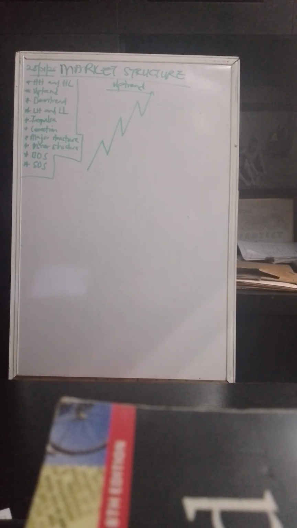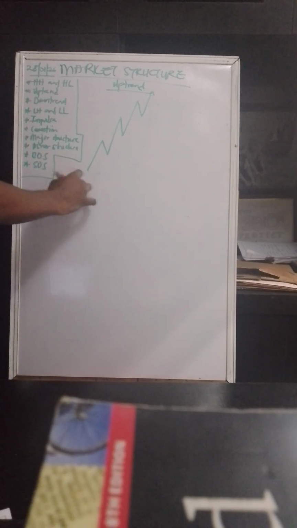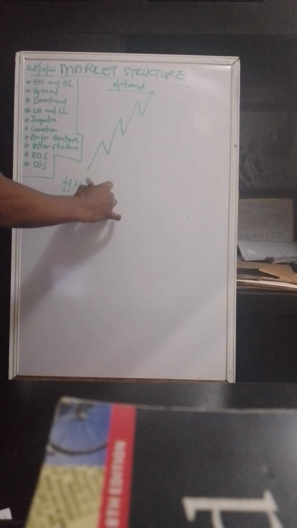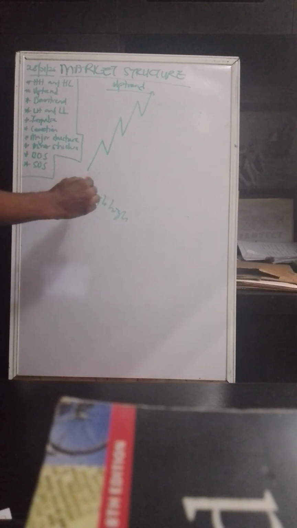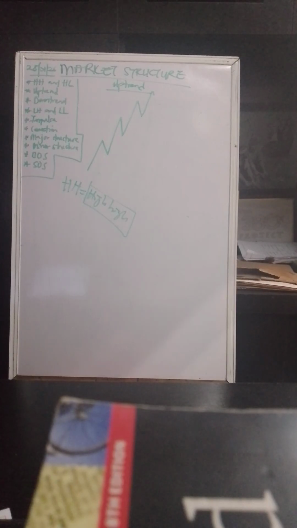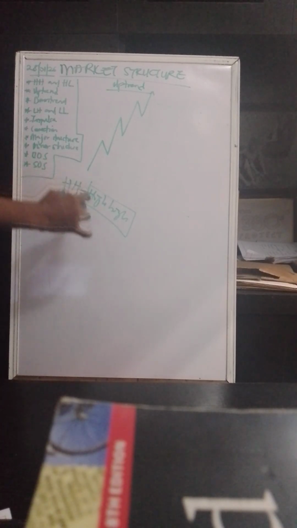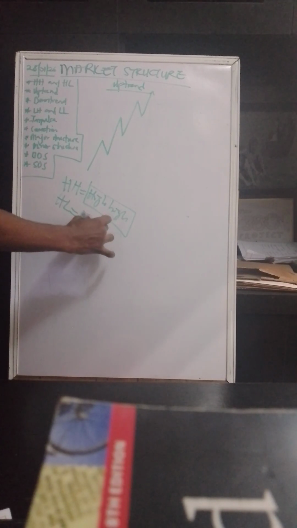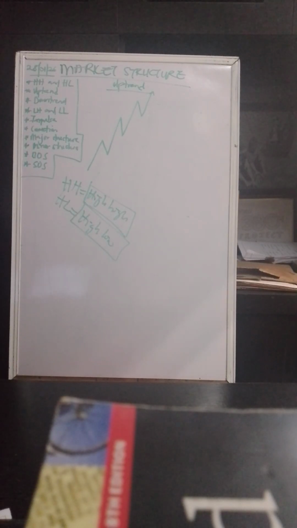A higher high, HH, is the highest point the market reached before it had a slight bearish momentum, while a higher low is where the market stopped and continued in the uptrend it was going in.